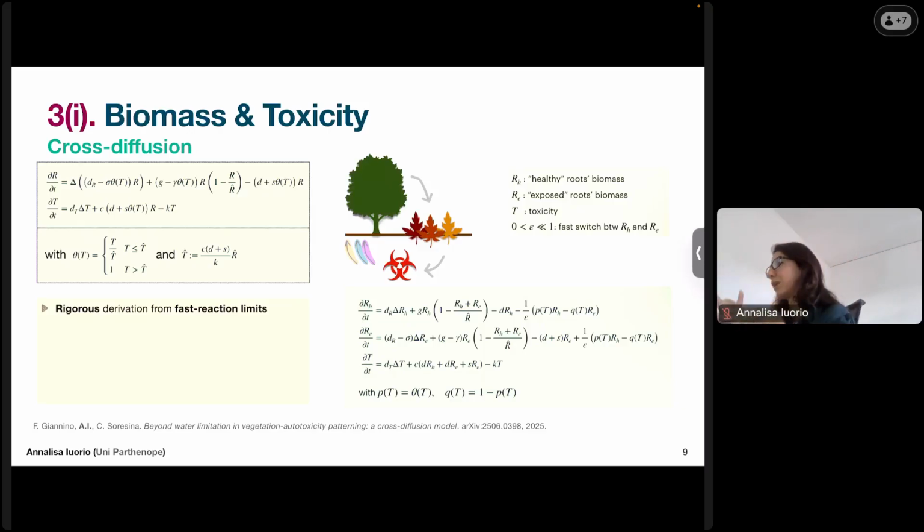But if you wouldn't have toxicity, plants would grow and they wouldn't have any problem with their resources. It's really the toxicity that creates this kind of spatial heterogeneity and really leads to the formation of some kind of spatial structure. This is what we are implicitly meaning by that.